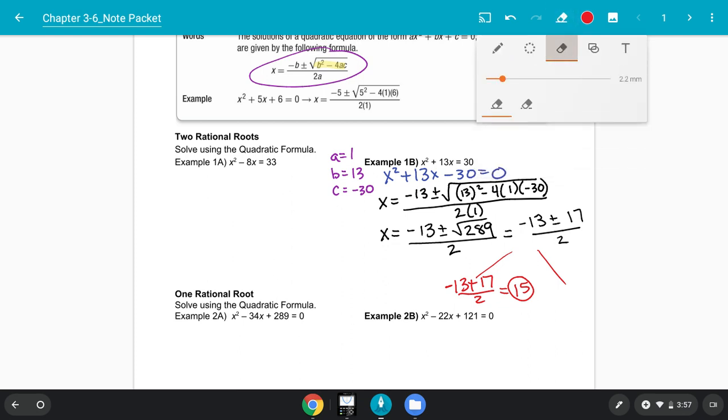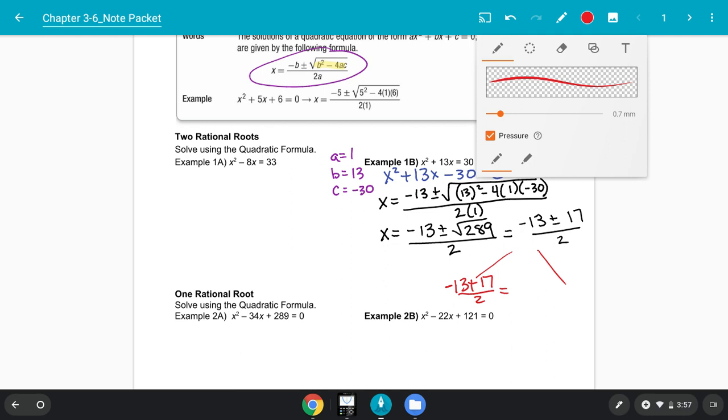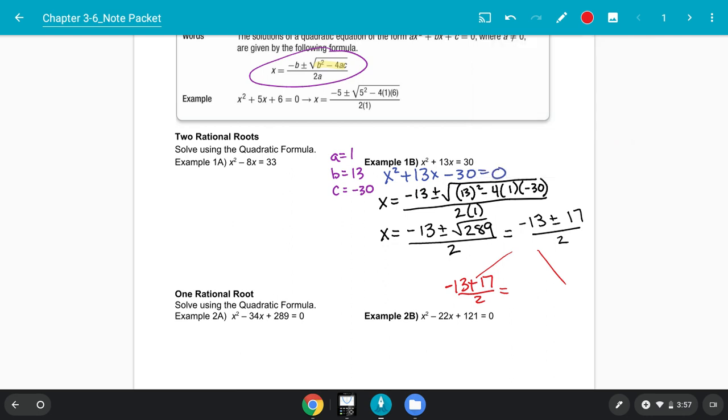That is a game changer, isn't it? Okay, it's negative 13 plus 17. My apologies. So that is 4 divided by 2, which is 2. Little different. Then we have negative 13 minus 17 divided by 2. That's negative 30 divided by 2 is negative 15. So your two solutions are 2 and negative 15.